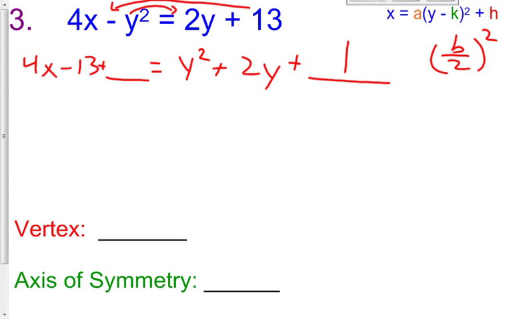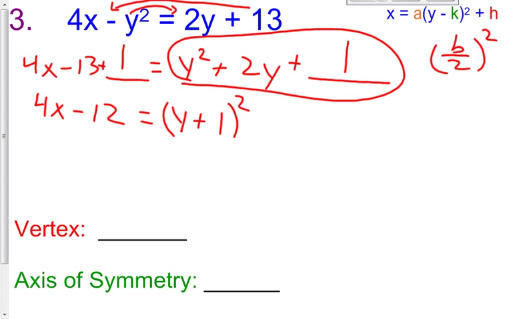If I add 1 to the right, I have to add 1 to the left. So now I have 4x minus 12 equals y plus 1, that quantity squared. This trinomial right here factored down into y plus 1 times y plus 1, or y plus 1 quantity squared.